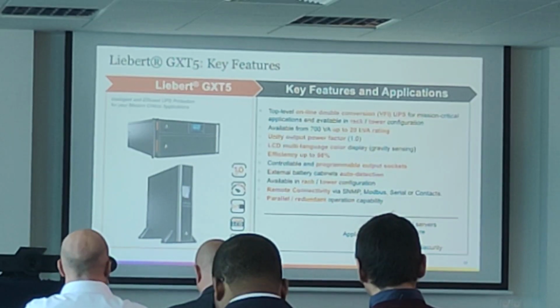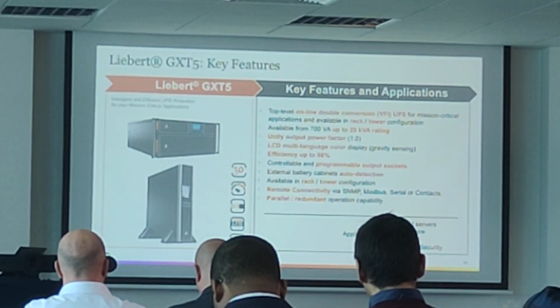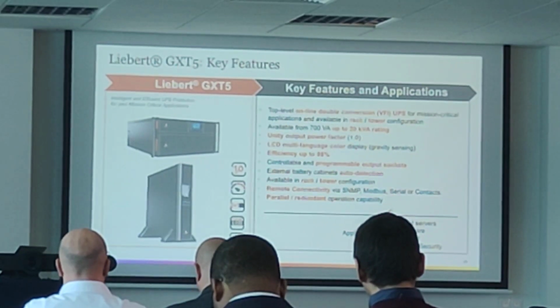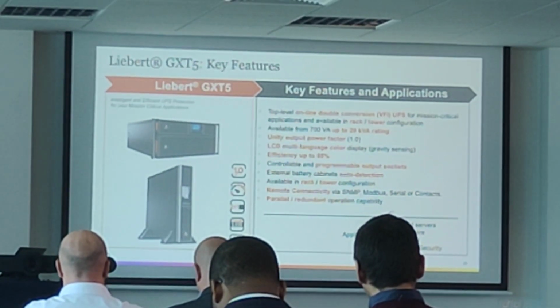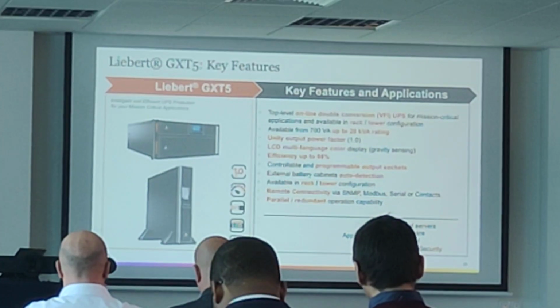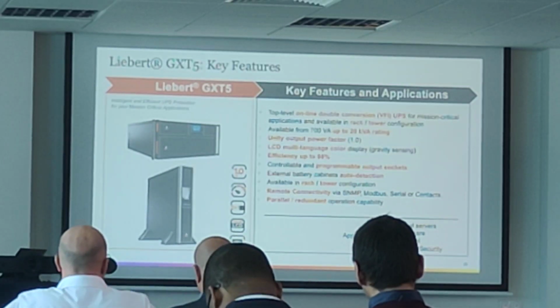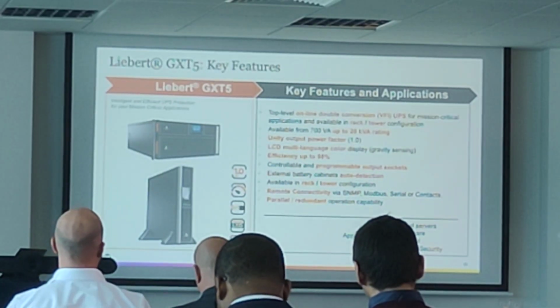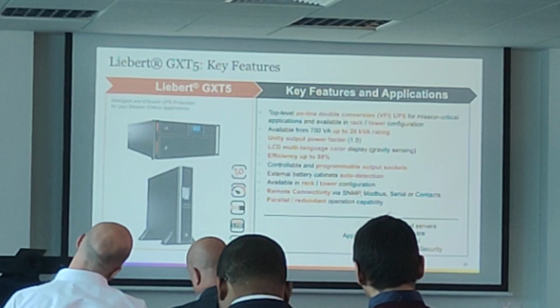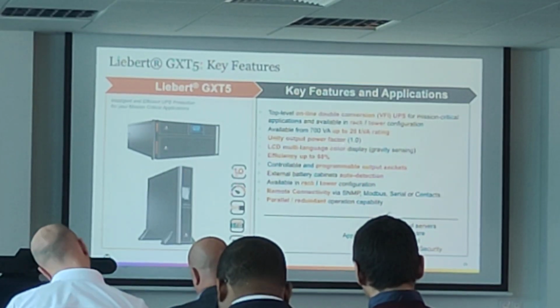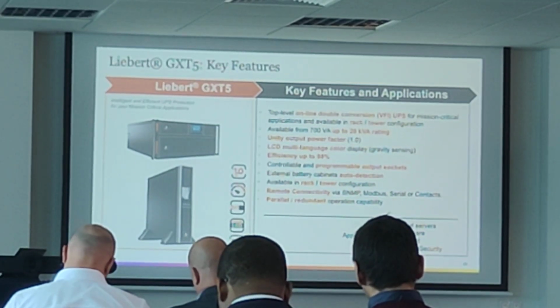The leading model in our range is the GXT5. I will not go too much into details. So this is the GXT5 up to 20 kVA. Unity power factor, this is very important, and high efficiency up to 98%.